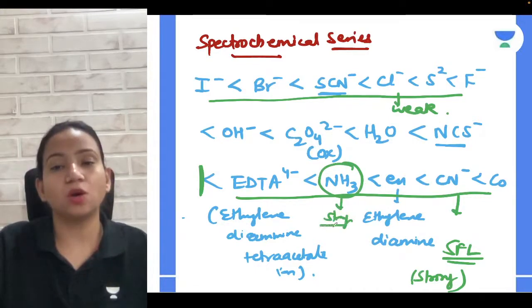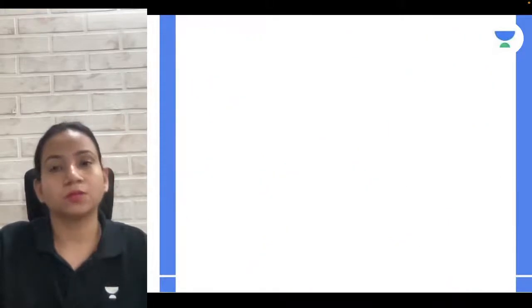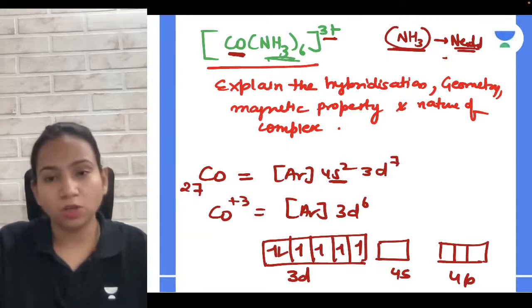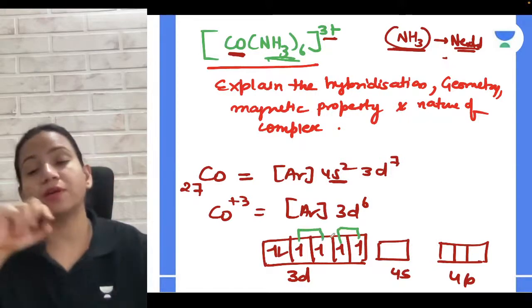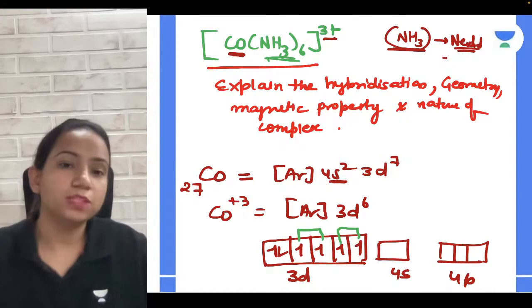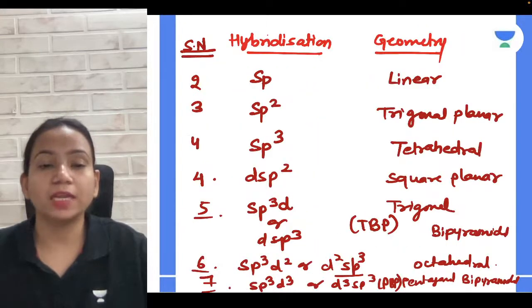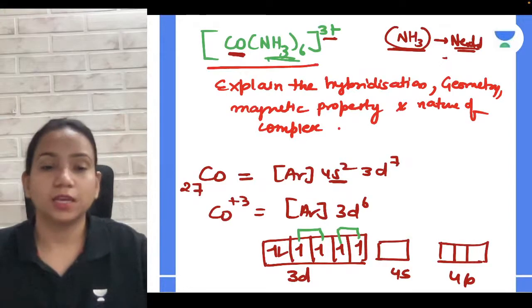So if it is strong, you have to understand a very important thing. Strong ligands can do the pairing of electrons. Always remember, strong ligands undergo pairing of electrons, while weak ligands cannot undergo pairing of electrons.